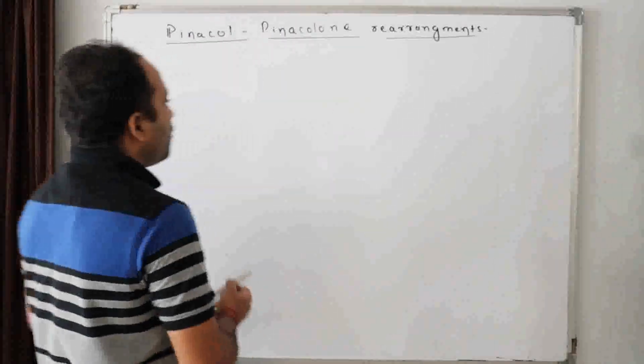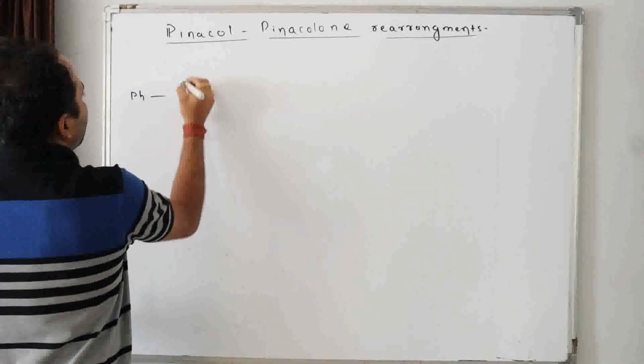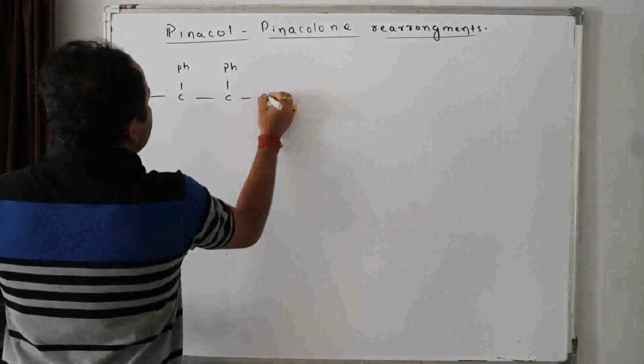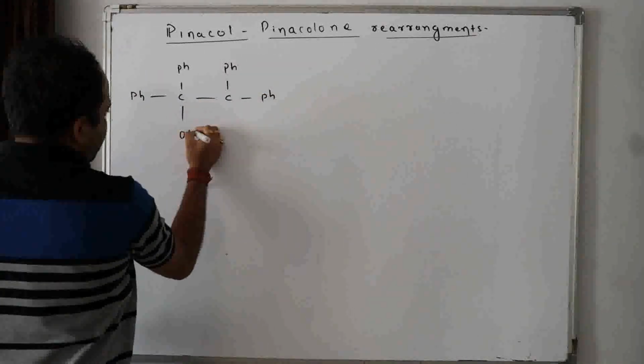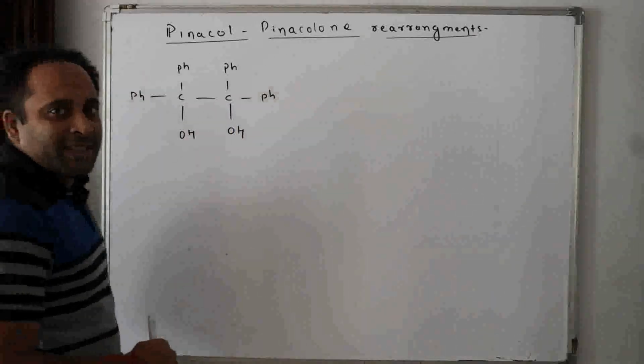What is that? Look here. If you have vicinal alcohols, do you know what vicinal alcohols are? See, at nearby positions, in the 1, 2 position, there is OH, isn't it?